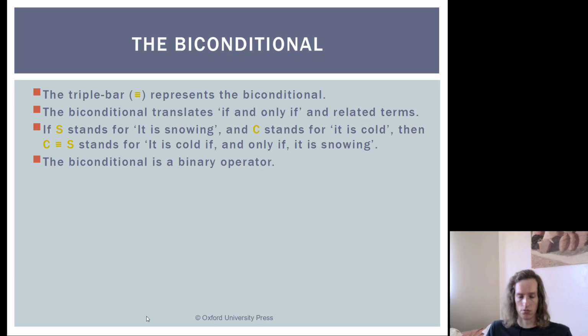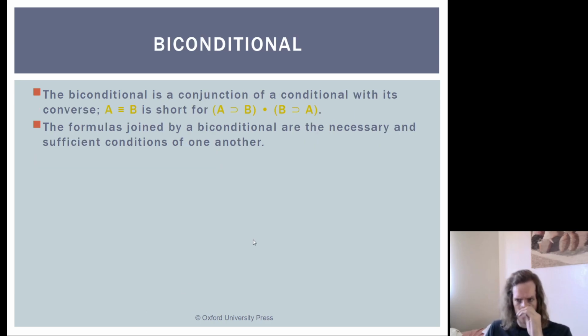The biconditional is a binary operator like all of them except for the negation. This makes sense if you think about the different ways that you can get to conditional statements using if statements and only if statements. Because it's using both if and only if, it makes sense that we could express this as a conjunction of two different conditional statements.